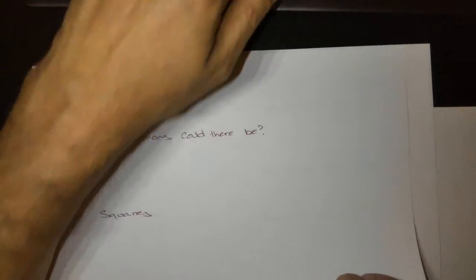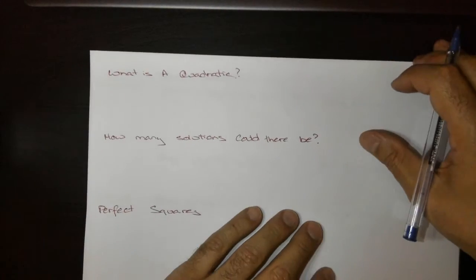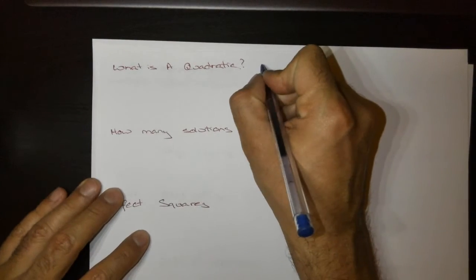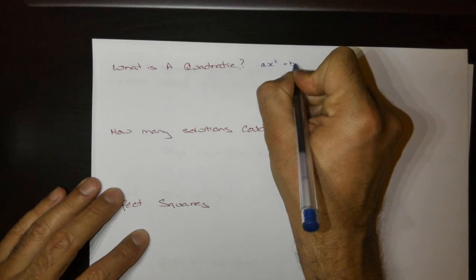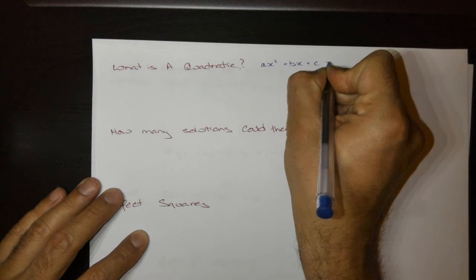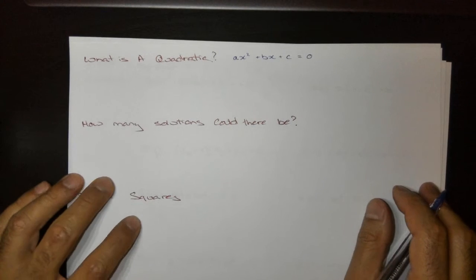So, what is a quadratic? Okay, a quadratic is something in the form of ax squared plus bx plus c, and that could equal 0. You have seen things like this.